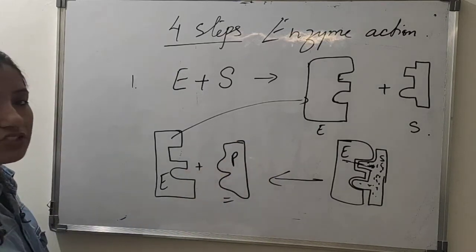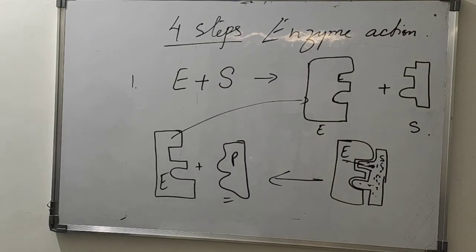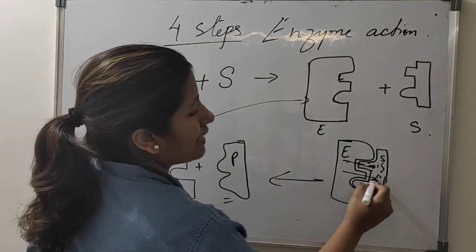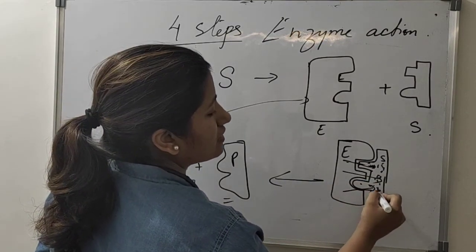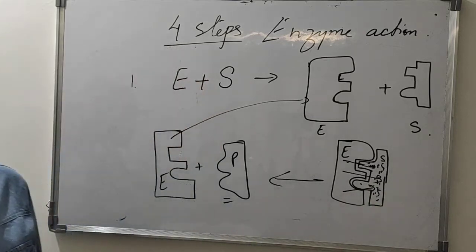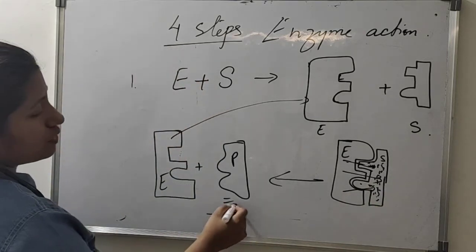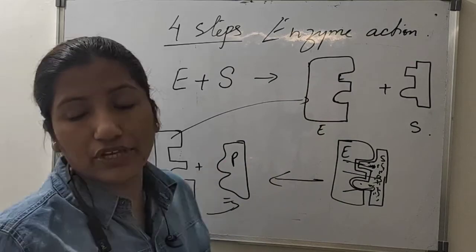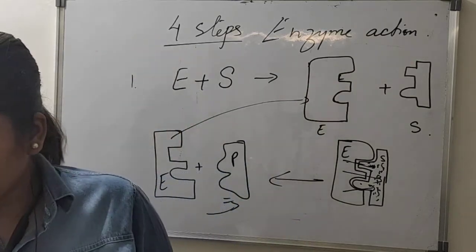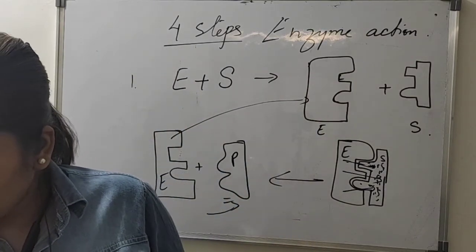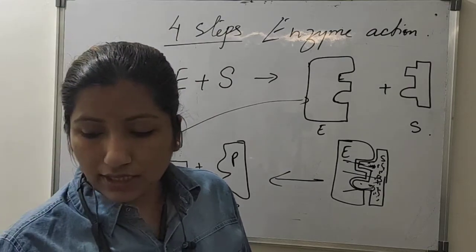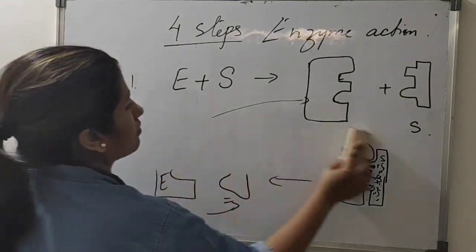Now it is of a different shape and size, because the enzyme has acted upon this substrate and changed its nature. And that is how it releases the product. So stepwise this is mentioned on page number 157, so that you go through it. And then we will see the classification and nomenclature of enzyme.